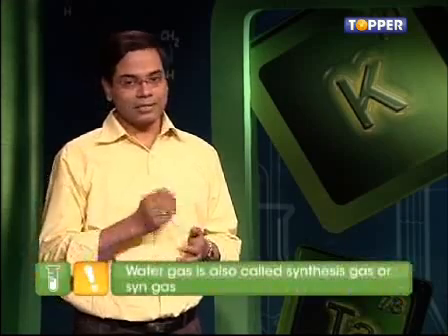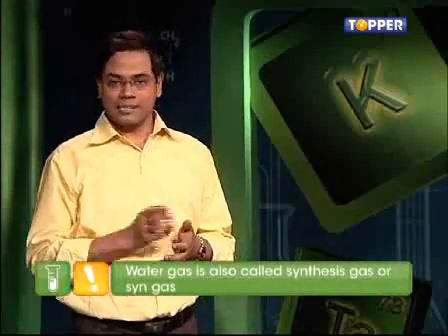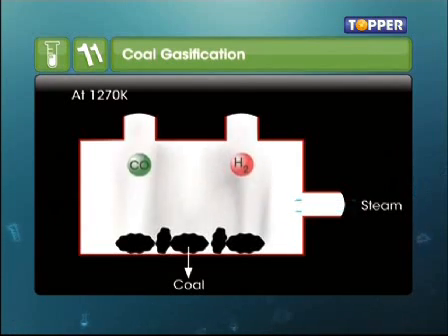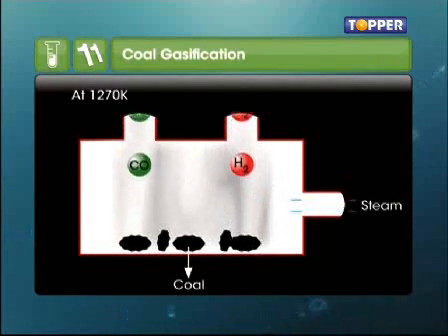Do you know that this mixture is also called synthesis gas or syngas? This is because it is used in synthesis of methanol and large number of hydrocarbons. Besides hydrocarbons, syngas can also be produced from coal.